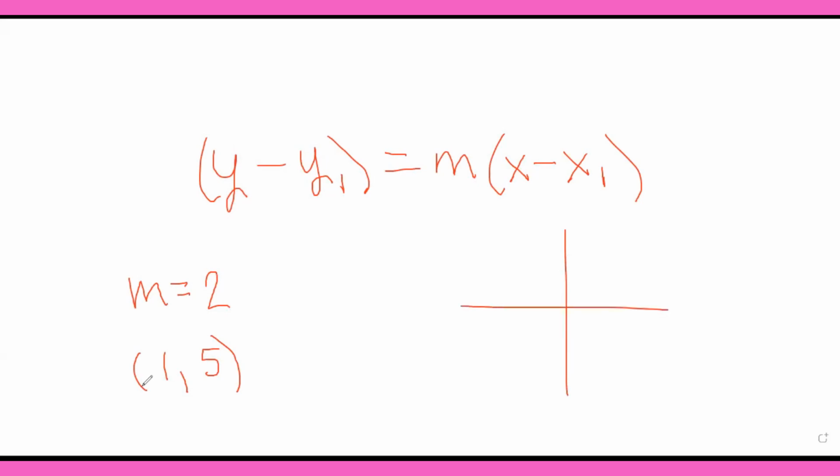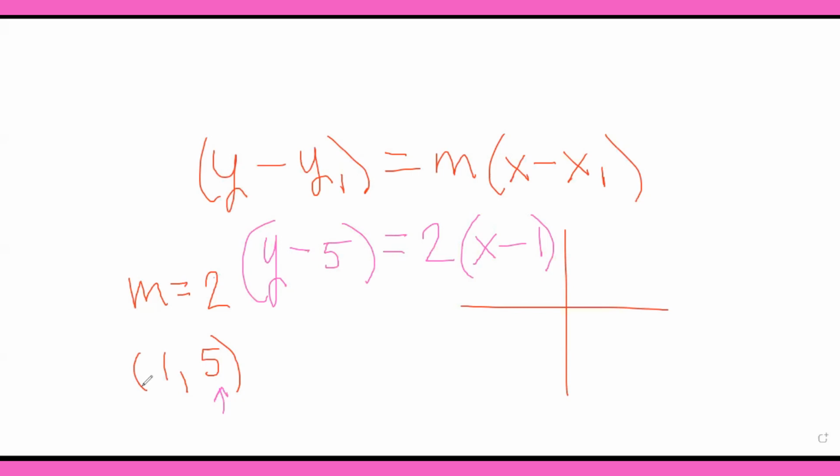But we could go ahead and plug this into our formula here. So if I were given a point and a slope, I would literally keep the y and I would subtract the y term. So in this case, that would be 5. So y minus 5 equals our slope times x minus my x term, which is 1.